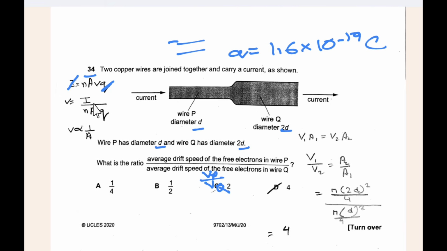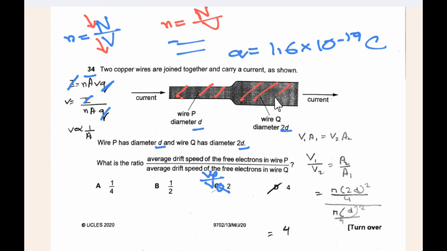Then our equation becomes, when we eliminate current and charge, v is inversely proportional to n and A. And what is n? n is the number density, that means the number of free electrons per unit volume. For a thinner wire, the volume is less, and so the number of free electrons is also less.